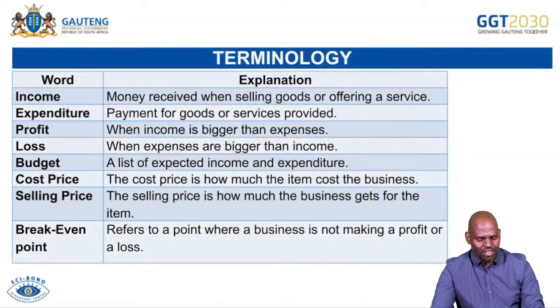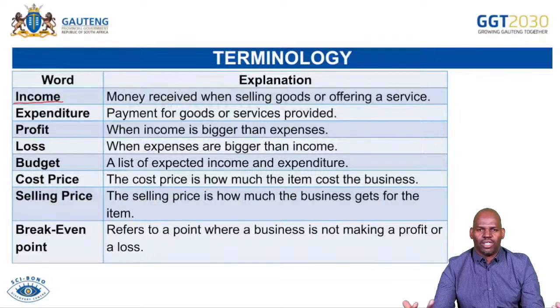Now, some of the simple definitions. Income: what do we mean by income? It's money received when selling goods or offering a service. So obviously, if you are a business person, maybe you are selling cool drinks or sweets, you expect to get money from that selling.